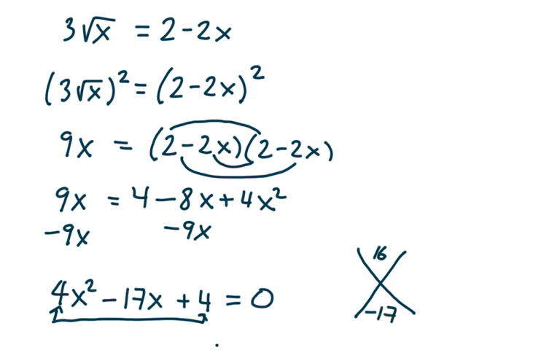And if I want two numbers whose product is 16, but add up to negative 17, I can most certainly do that. I would have negative 1 and negative 16. Why do I do that? That tells me that that quadratic equation is factorable. I can break it down, in other words.